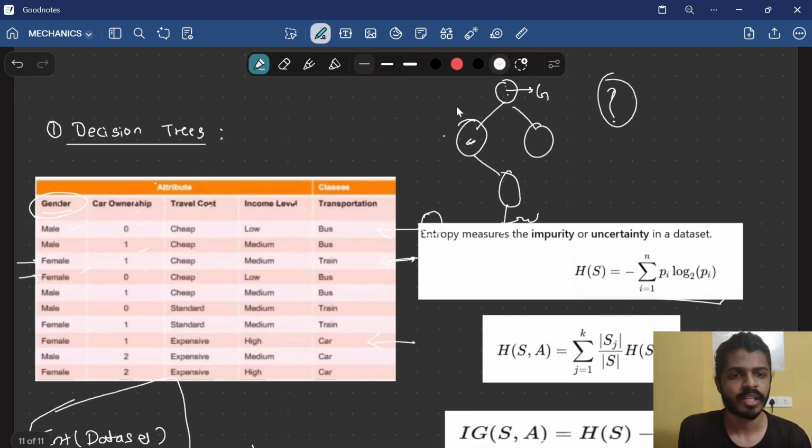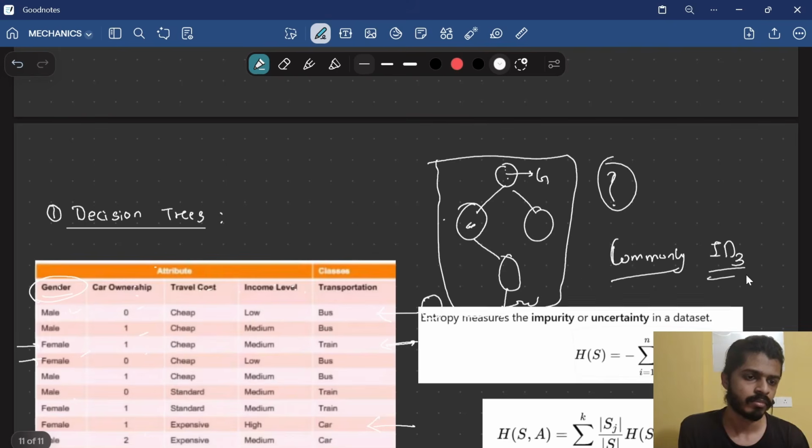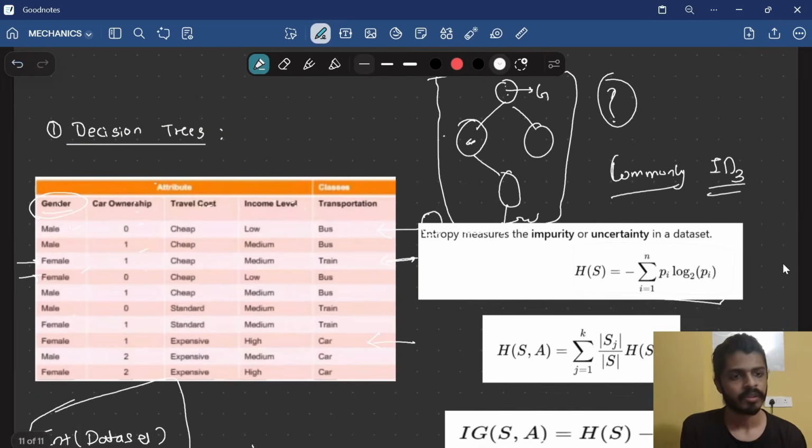That's how we decide anything, right? We have to form a decision tree, and how that decision tree is formed is what we are saying. A commonly used method is the ID3 method, which is a common algorithm we use to form a decision tree.